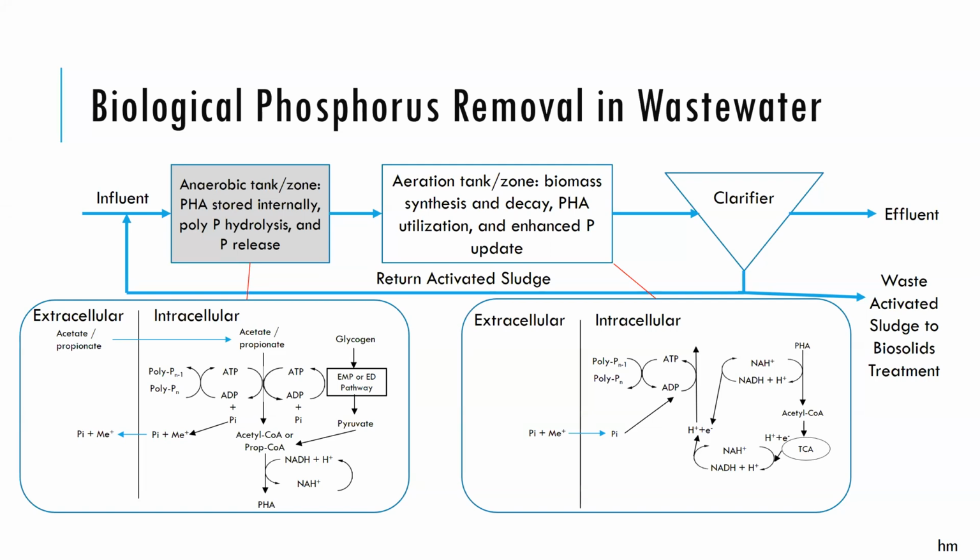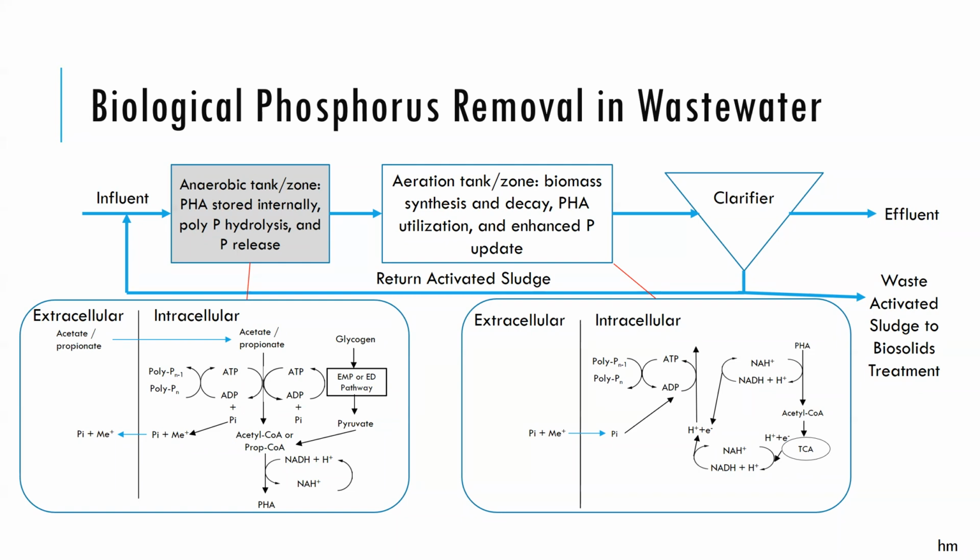And they need to store the organics that come into the plant. That's the mechanism that they use. They want to grab hold of this and store it internally in their cells until they enter an environment in the aeration tank where they can utilize the form of carbon. And the mechanism they use is this release of phosphorus.